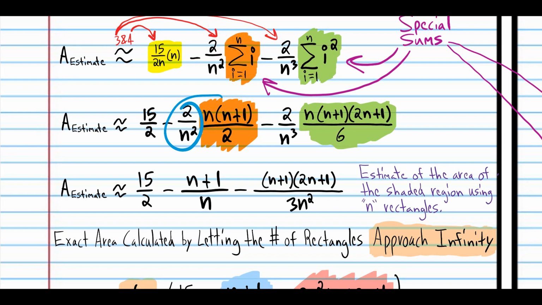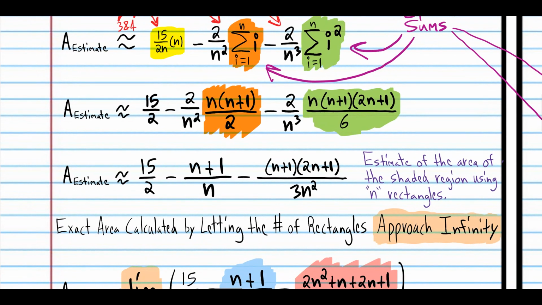You just multiply this fraction and then reduce the fraction, simplify it. Now this n is going to disappear, and one of these n's down here is going to disappear, so we're going to be left with n squared in the denominator. 2 over 6 reduces to 1 over 3. That's why we just have a 3 down here. And so we're just going to be left with this expression here.